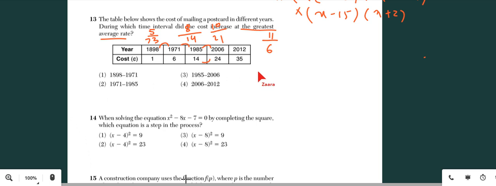So for which interval is the rate maximum? It's very easy to choose 2006 to 2012. Why? Because the greatest average rate is in this period, because in all of them the numerator is lesser than the denominator.